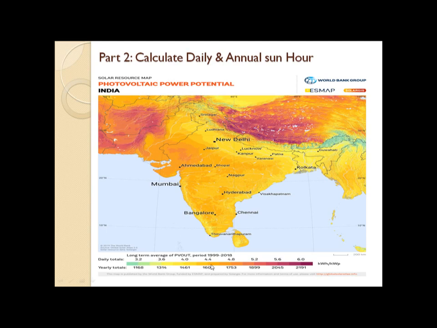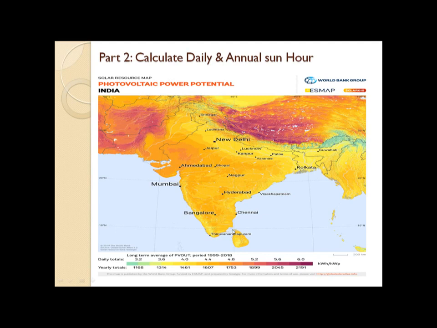For our Tamilnadu, 4.4 hours per day is the nominal working hour of the sun over the surface of the earth. So 1607 is the annual total of the sun hours. That is nothing but the sun's projected rays over the surface of earth being 4.4 hours for Tamilnadu.